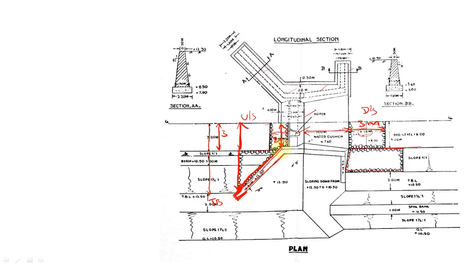So it should be provided such that the bank must enter into this TBL, meaning the canal bund on the upstream side, and on the downstream side also the return wall must encase the structure. These wing walls and return walls give stability to the structure, so they must encase into the banks.